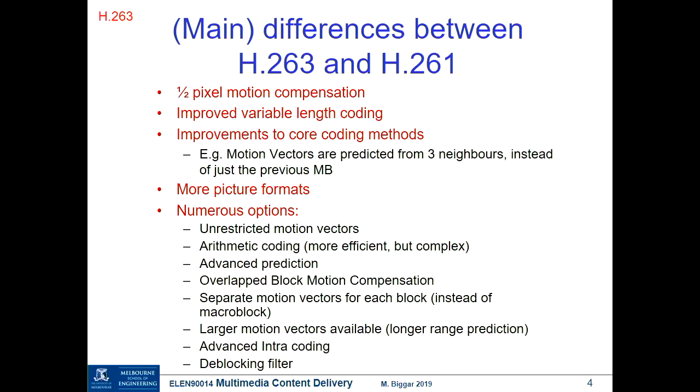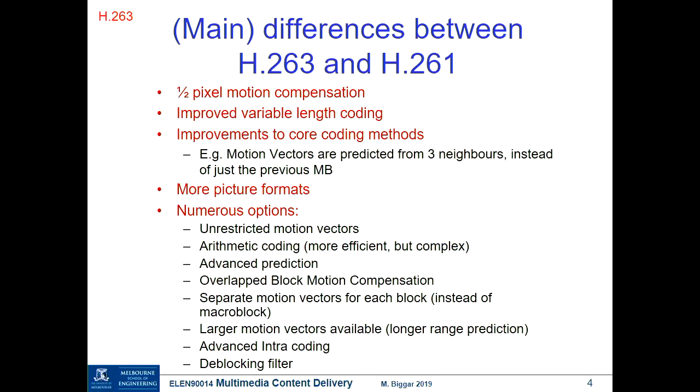And so for that reason, the motion vectors would typically be encoded in a predictive sense. What's the difference between this motion vector and the previous one? The third dot point here is just saying that there is a more sophisticated way of doing that prediction, not just from a previous neighbour, but from other neighbours.